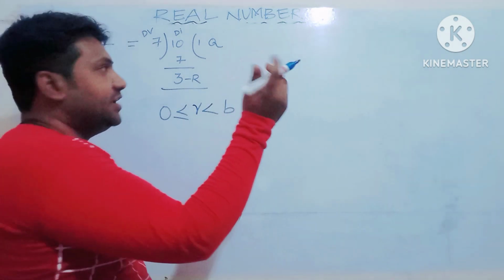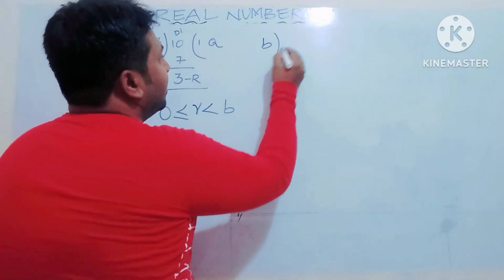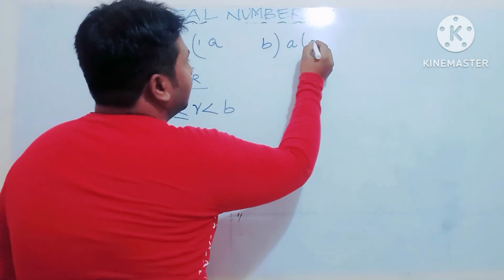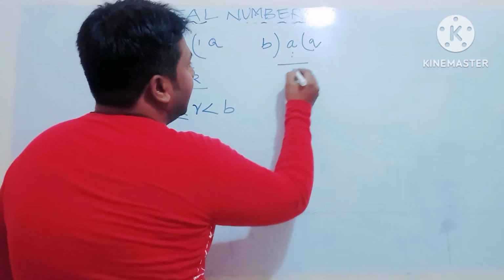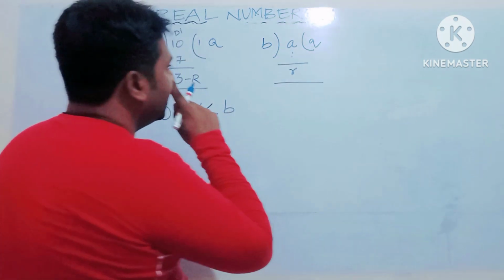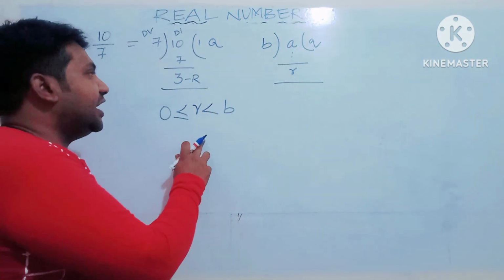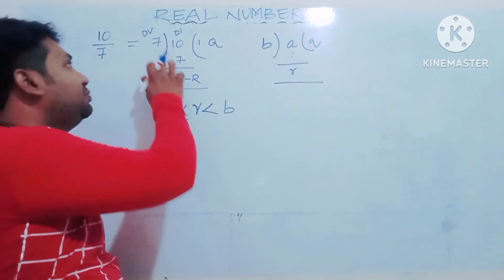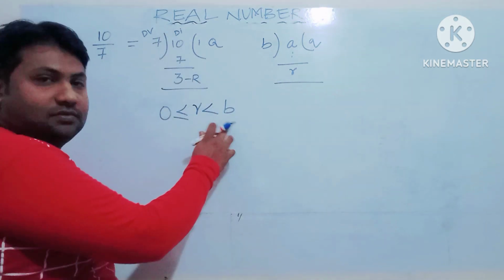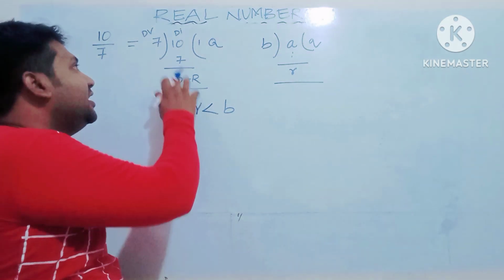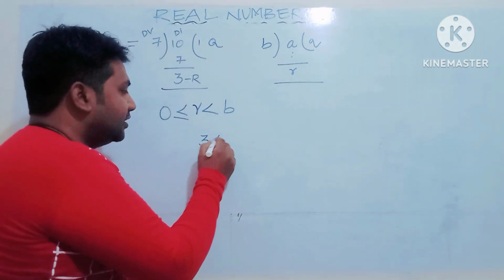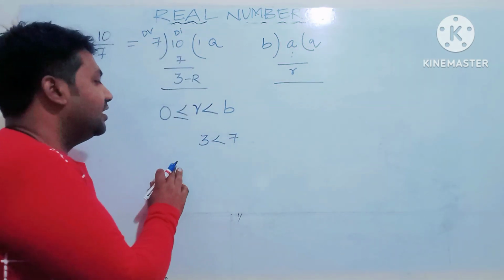Let me write here b, a, q and r. Every time this r value should be less than the b value. See here, 3 is less than 7, right?